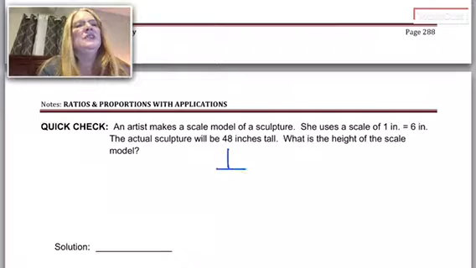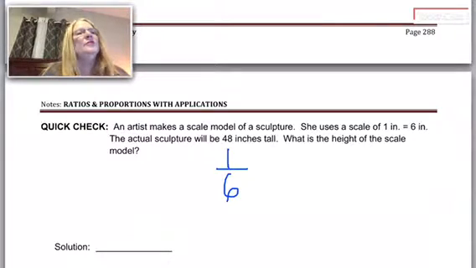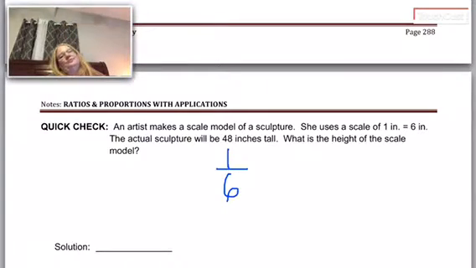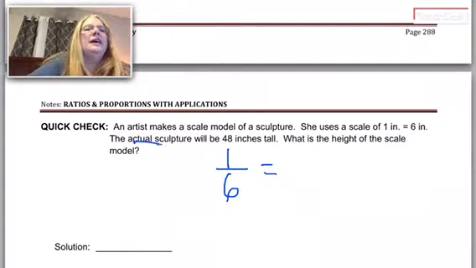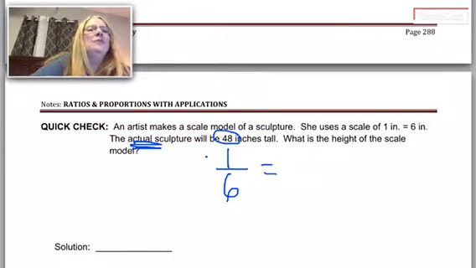Okay, so it's inches to inches. So we don't have to worry about dimensions. The actual sculpture will be 48 inches tall. So where does our x go and where does the 48 go? Okay, the actual sculpture is 48 inches tall. So the 1 would have been the scale model, and this would be actual. So that means the 48 goes in the bottom.